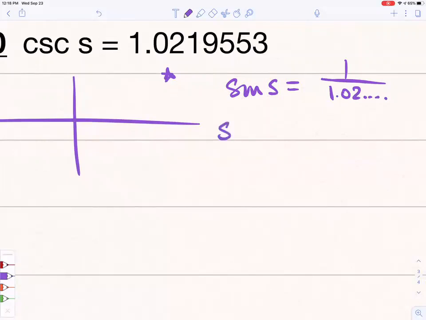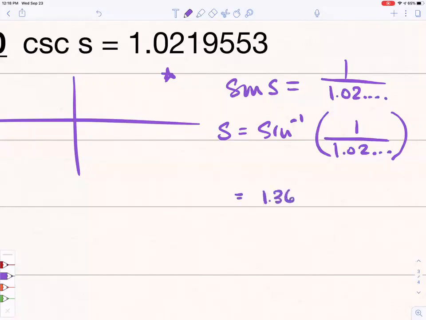And so if I want S, my angle, I need sine inverse of 1 over 1.02. I feel like this is one of the same decimals that I used in the last section. Pretty sure it is.